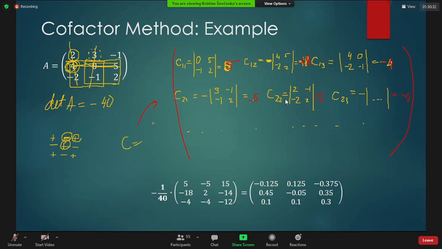If you look at the lecture transcript, I deliberately put all those cofactors in a table in their proper places. And then what you do is you simply flip it. See, now the cofactor matrix would be 5, minus 18, minus 4, minus 5, 2, minus 4, 15, minus 14, minus 12.